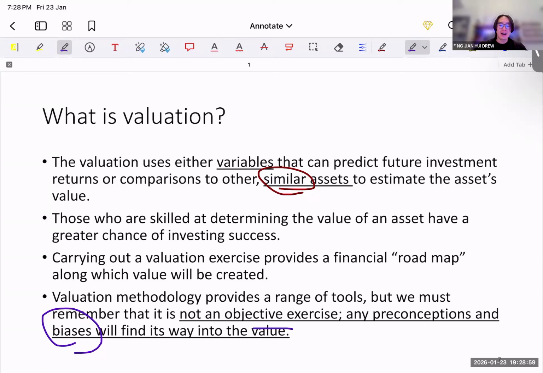It is non-objective, but at the same time, we try to use various tools, and in this lecture, qualitative tools to guide us to the right valuation.